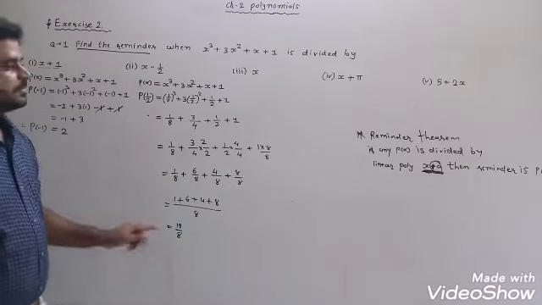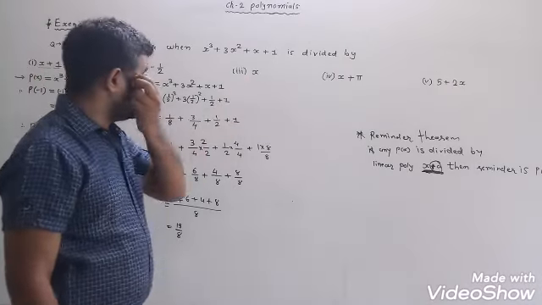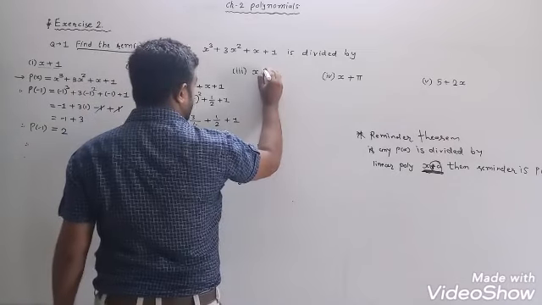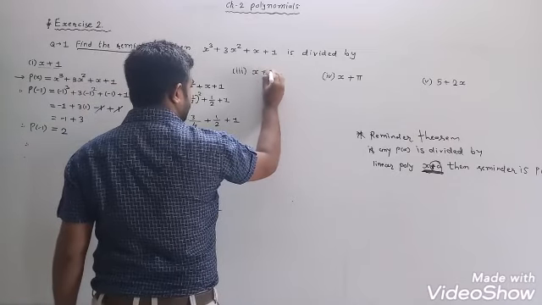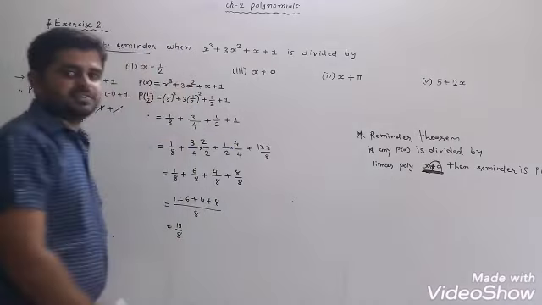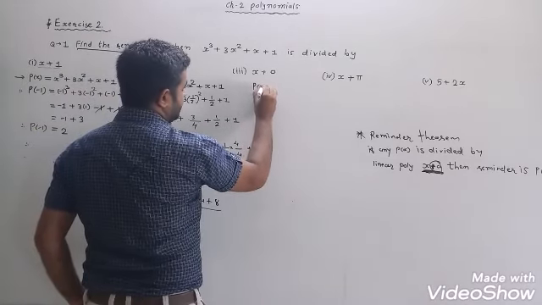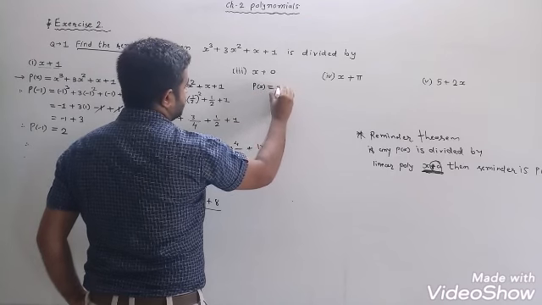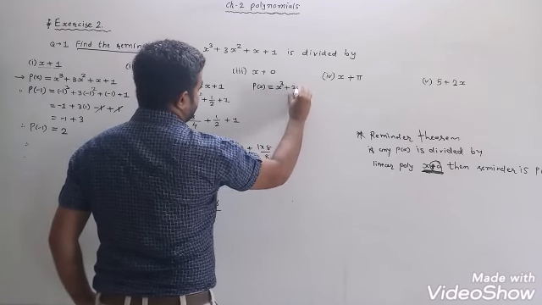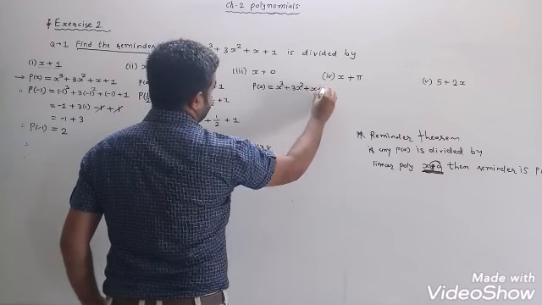And now the third question. There is no other coefficient or constant term given, so I have to write here x plus 0. So the polynomial p of x is equal to x cube plus 3x square plus x plus 1.